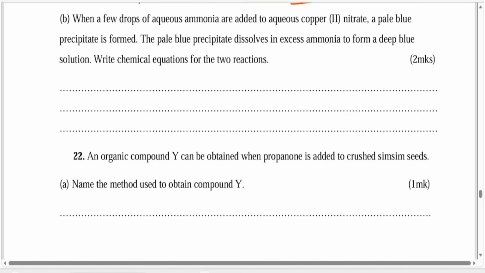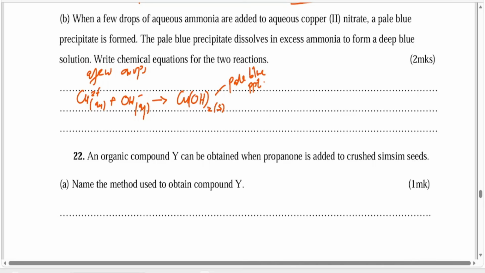When I add a few drops of ammonia to a solution with copper 2 ions, I use the hydroxyl in ammonia, and I will obtain copper 2 hydroxide. Copper 2 hydroxide in this case is a solid, and it is the pale blue precipitate.